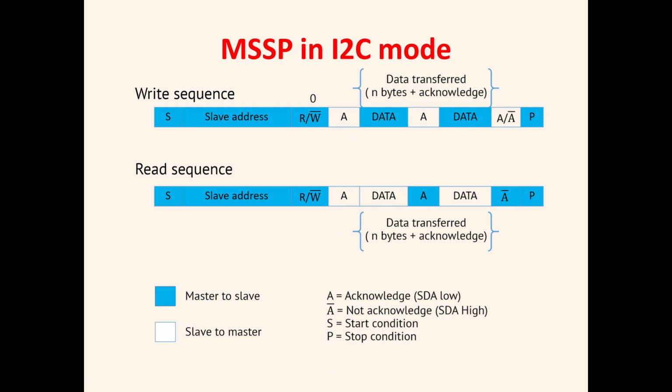So if you want to monitor whether the master has received acknowledgement from the slave or not, that will be indicated by this particular A bit in the form of an active low or active high signal.